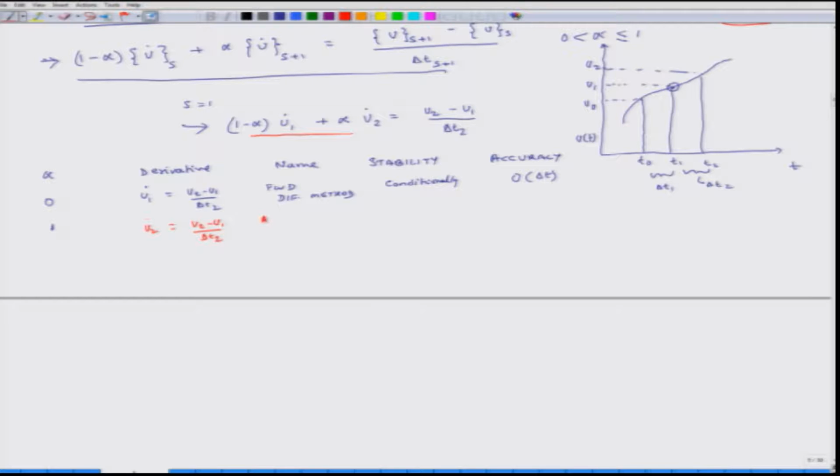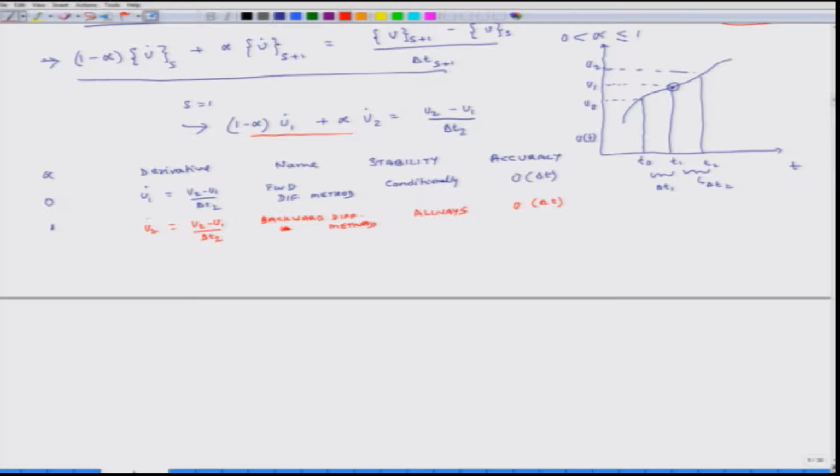This is called the backward difference method. This method is always stable. And here also the accuracy increases linearly with time. If time becomes half, then accuracy becomes double, and so on and so forth.